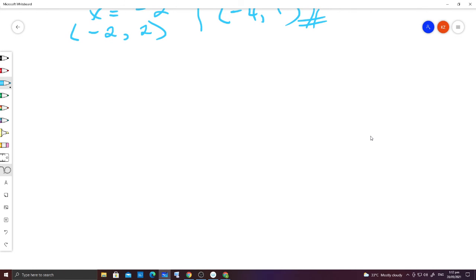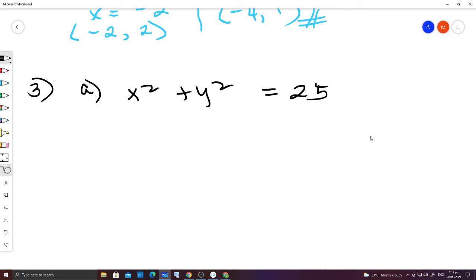Okay, so let's try to solve number 3. x squared plus y squared equals 25. x plus y equals 7. So at first it looks very difficult, right? Because there is y squared and also x squared. But you can use equation 2. Either x or y, you can take it first. So y is equal to 7 minus x.